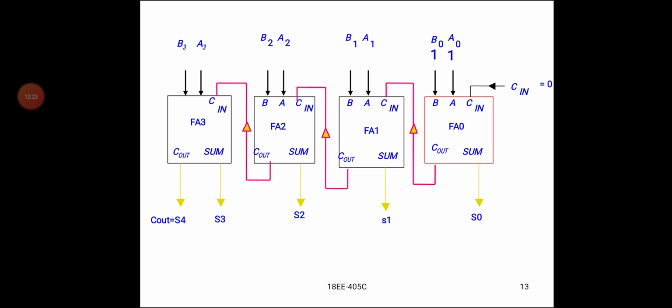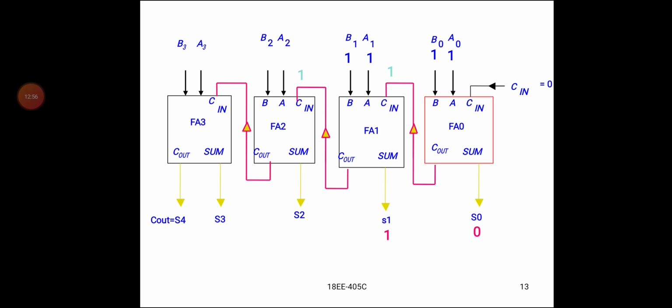So whenever you feed A0 equal to 1, B0 equal to 1, C0 equal to 0, we get sum S0 and carry forward 1. Now the bits A1 equivalent to 1, B1 equivalent to 1, and the carry-forwarded bit is 1. So 1, 1, 1 gives sum S1 and carry 1. Here S1 is 1, and the carry bit is also 1.